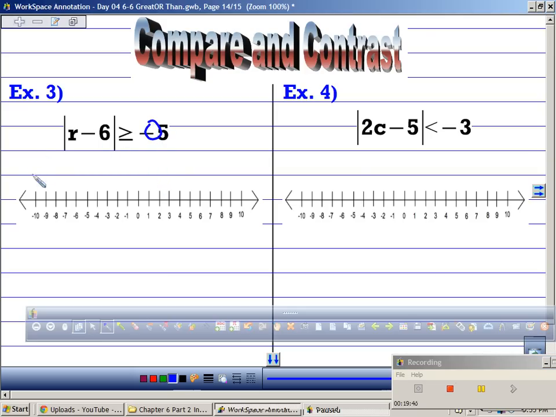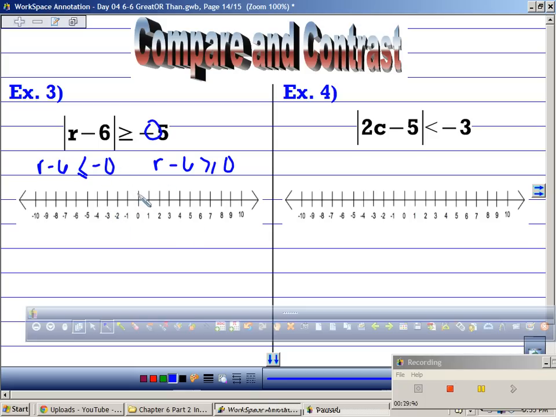So let's look at that. The distance between r and 6 has to be greater than or equal to 0, and the distance between r and 6 has to be less than or equal to, in the negative direction, 0. Correct?